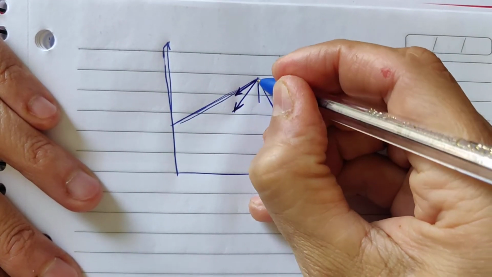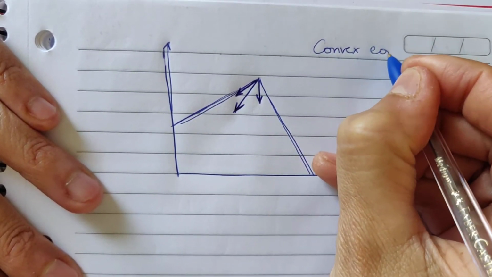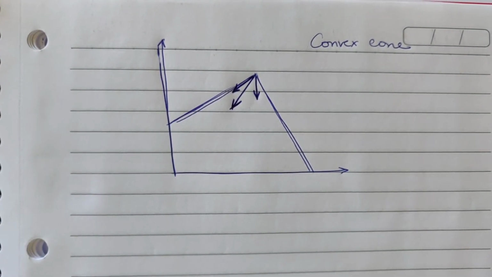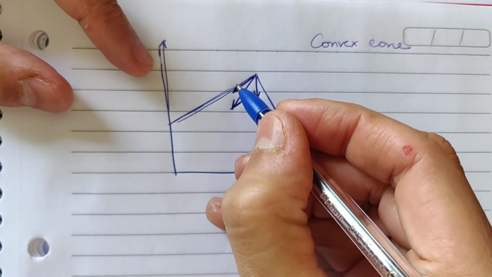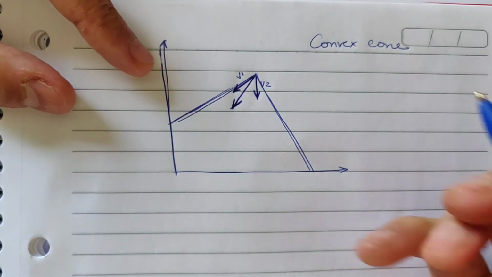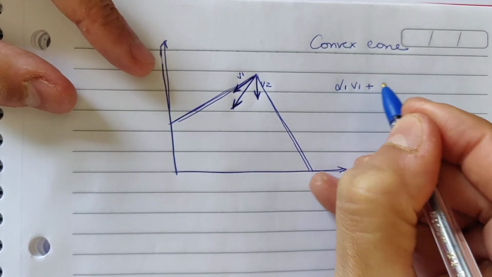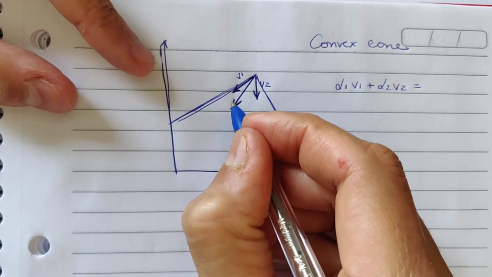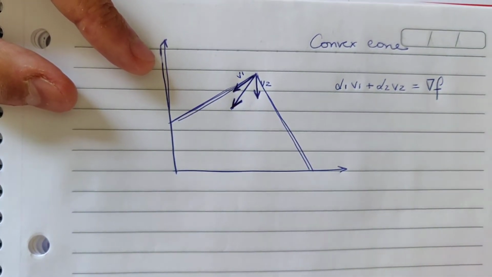When I told you guys that we have a convex cone, that's a basic idea when we talk about convex optimization. That means the following. Let's call this vector v1 and this vector v2. If I multiply alpha 1 by v1 plus alpha 2 by v2, I will have a linear combination to form my main vector over here, which is the gradient of my objective function.